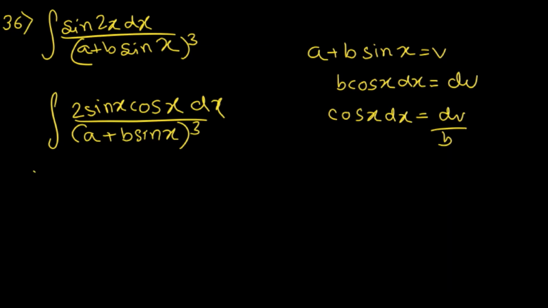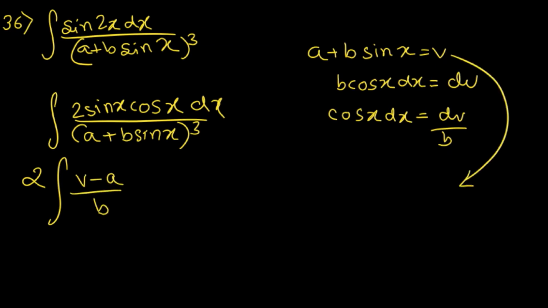So 2 comes out, and sin x we can write as v minus a by b. See, from here we can write a plus b sin x is equal to v, so b sin x would be v minus a, and sin x alone would be v minus a by b. So v minus a by b times cos x dx.